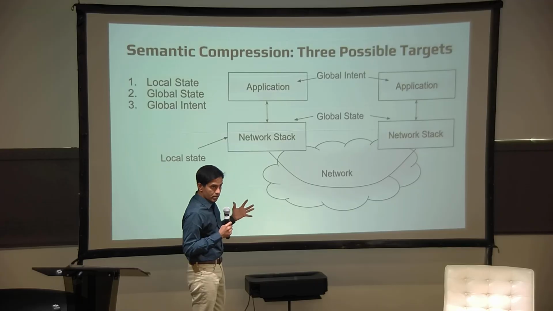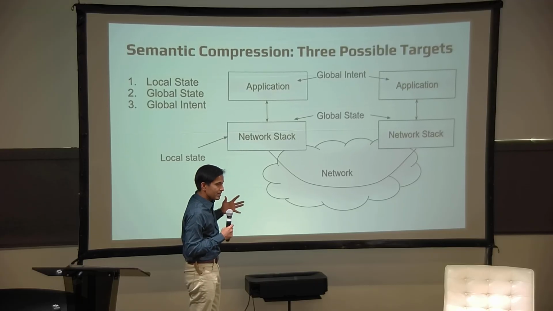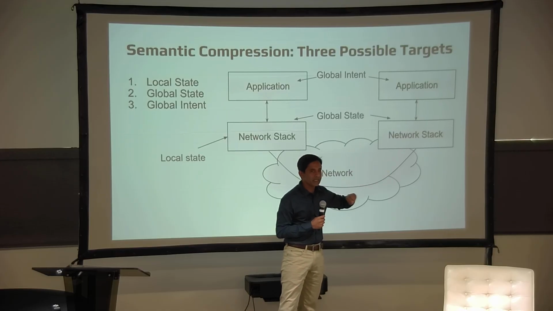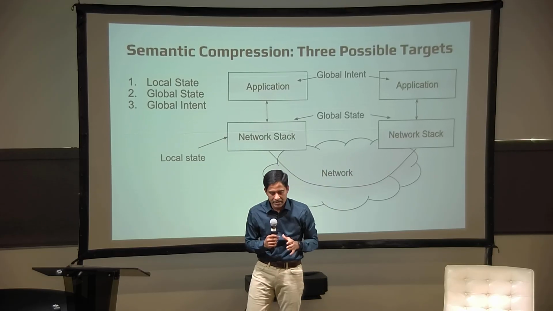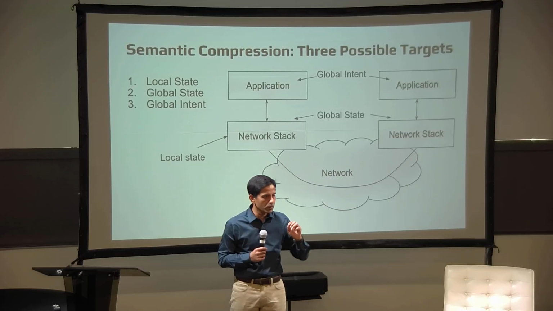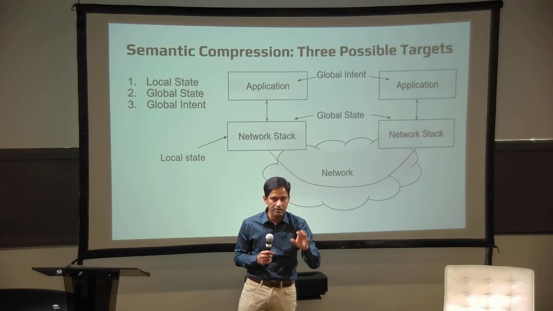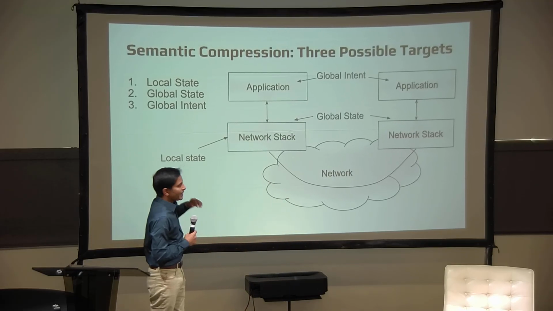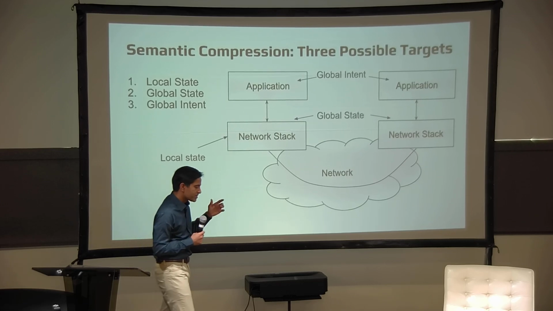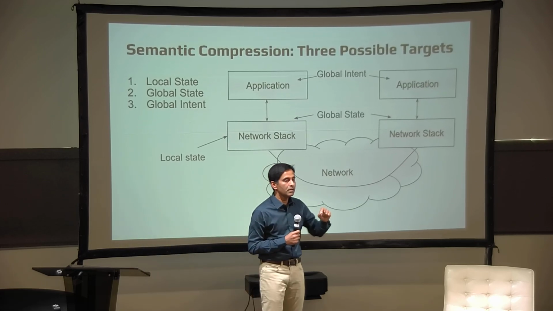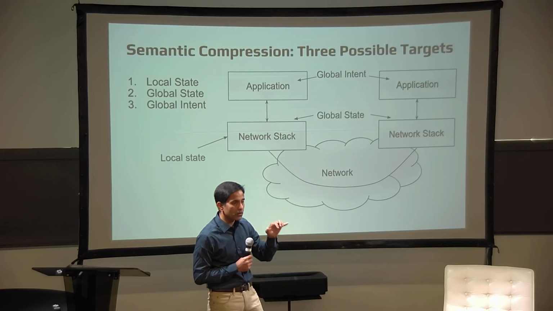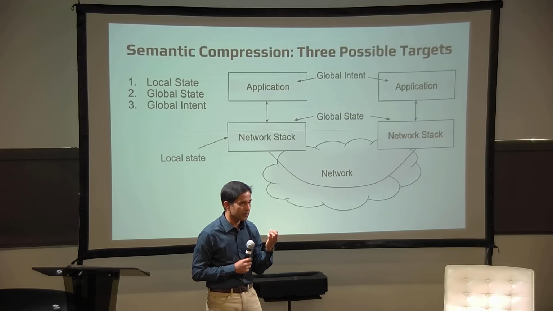A broader scenario is state across machines in a distributed setup. Not just local state, but if I am communicating with Dayok, then the state we share with each other with respect to the communication we currently have. And the final place where semantic compression comes into play is in the intent, in applications communicating with each other, representing the intent of the communication in a semantically compressed manner.